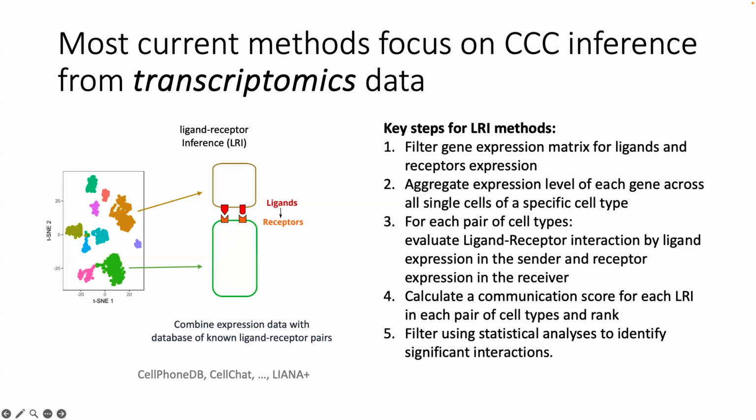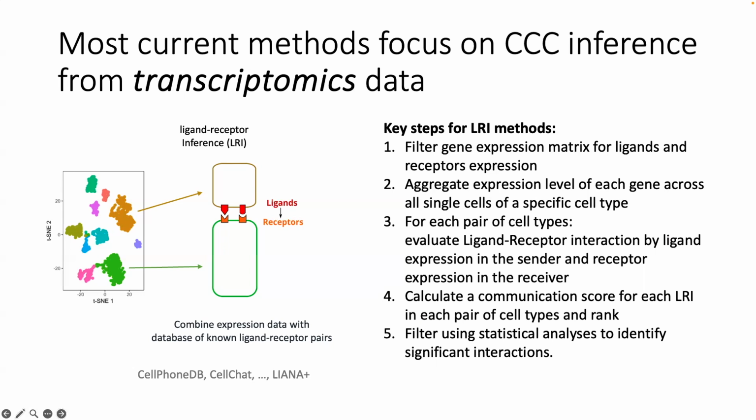And then for each possible pair of sender and receiver cell types, you look at all possible ligand-receptor combinations, and you look at the expression of the ligands and receptors in the sender and receiver pair of interest. And you combine the expression profiles to calculate some kind of communication score, right?